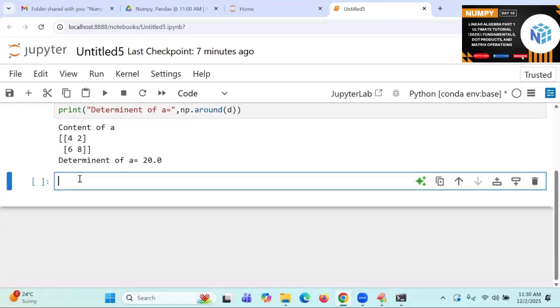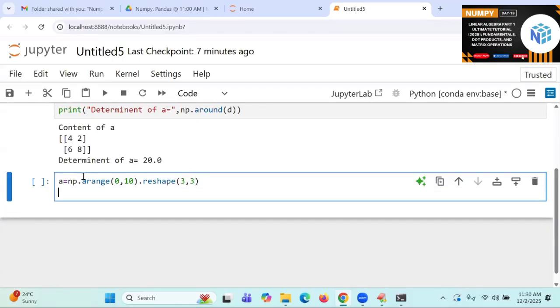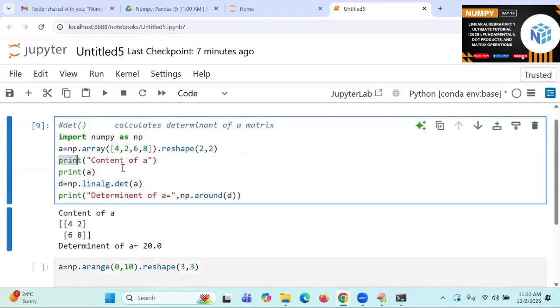Take one A is equal to np.arange(0, 9) or (0, 10), now (0, 10).reshape(3, 3).